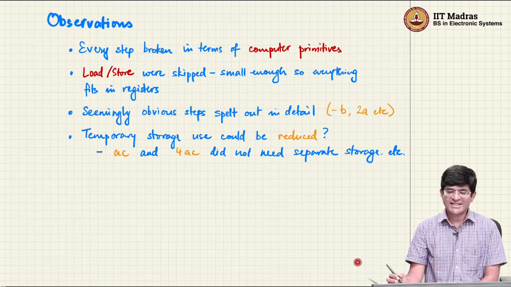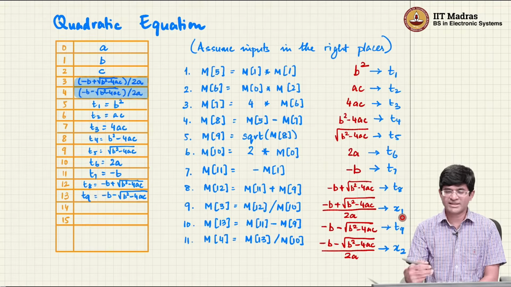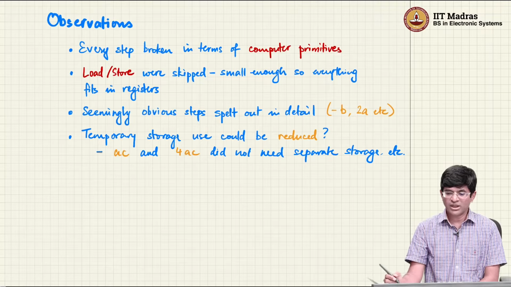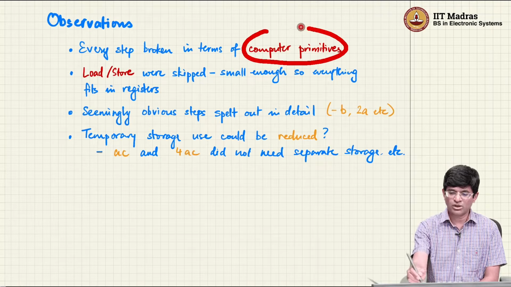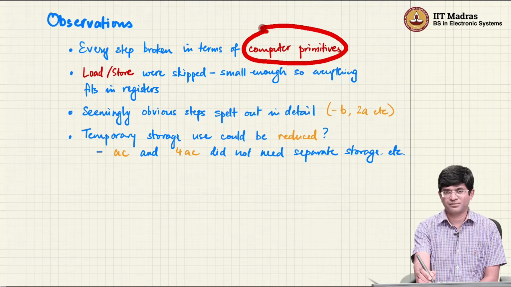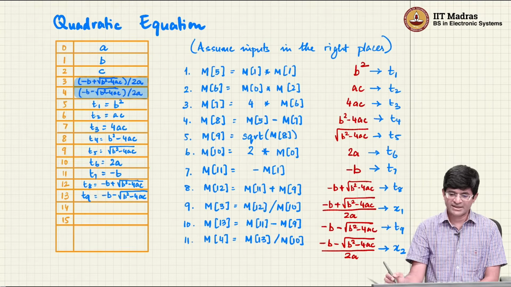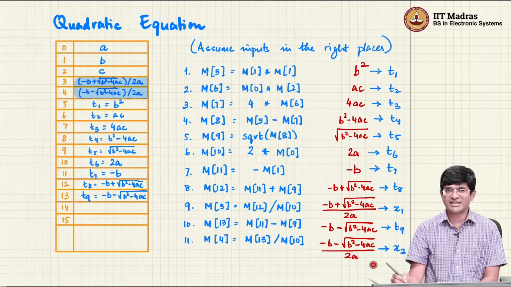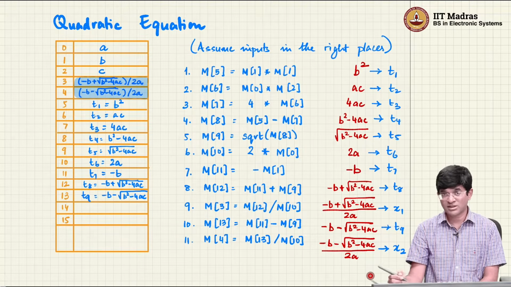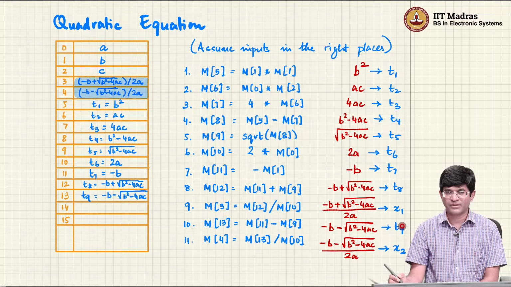Every step that I have written down in this sequence has been broken down in terms of something that I would call a computer primitive. What do I mean by a computer primitive? It is typically, in this case at least, an arithmetic operation. It's either a multiplication, a subtraction, addition, division, square root, or unary negation.